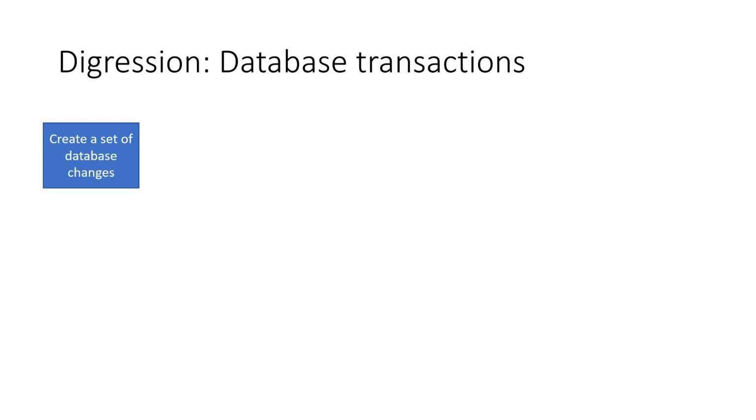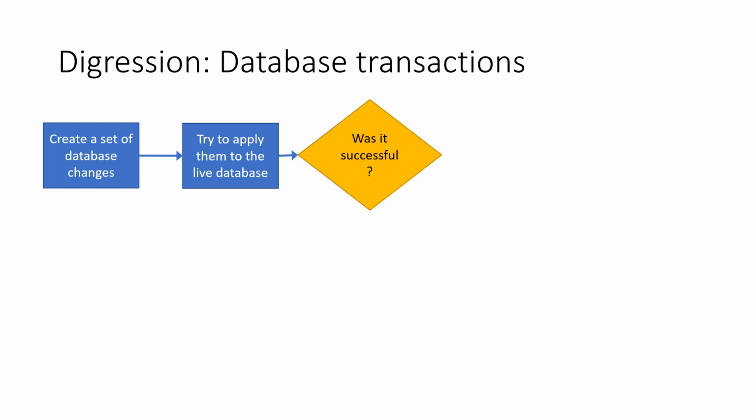But we're worried that something might happen in the middle, or we might end up in an inconsistent state. So database transactions let us create a set of database changes, and then we can try to apply them to the live database. And the important part about this is they all get applied at once.